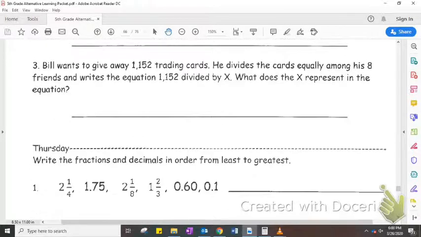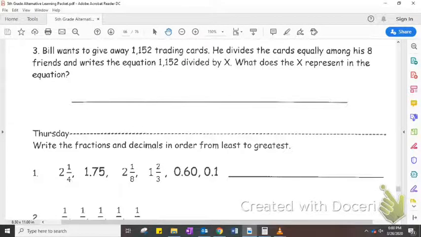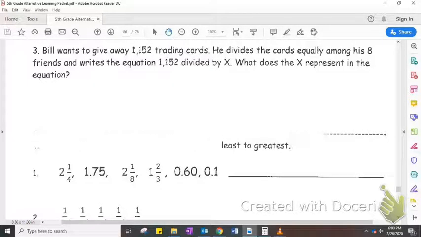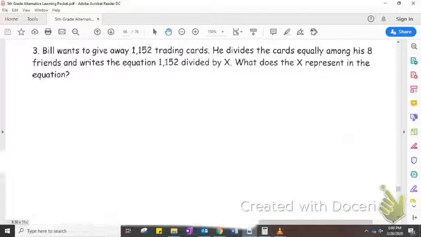Okay, Bill. Okay, so Bill wants to give away 1,152 trading cards. That's very nice. He divides them equally among his 8 friends.